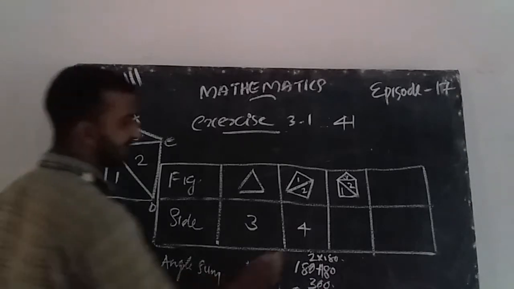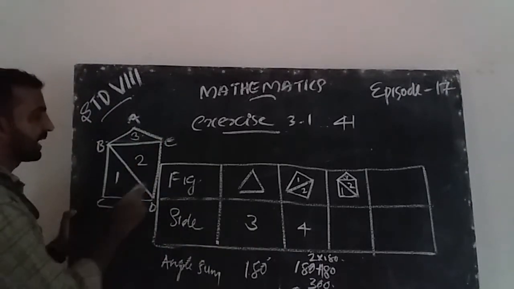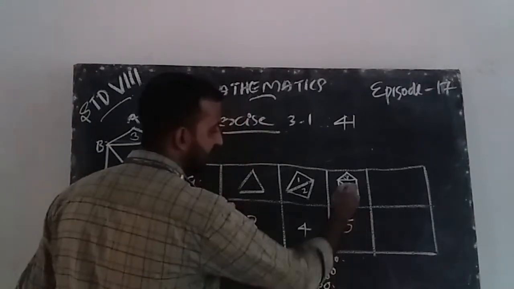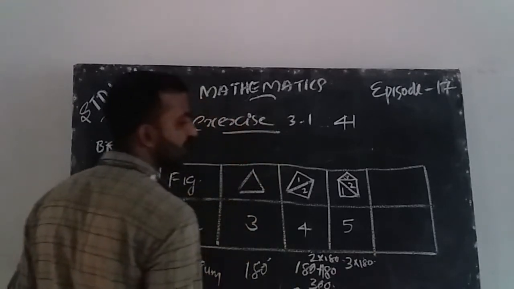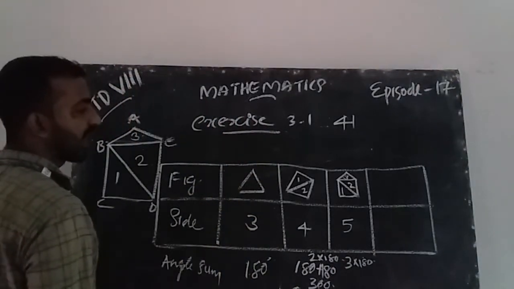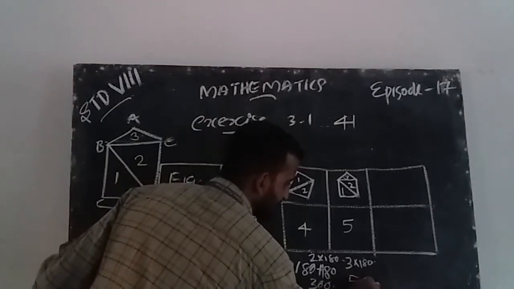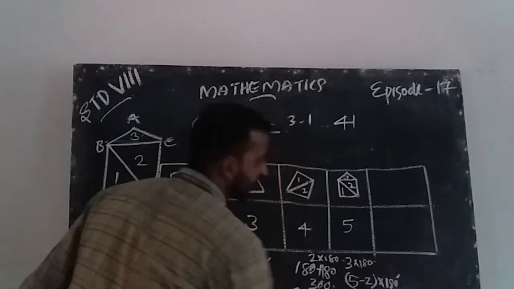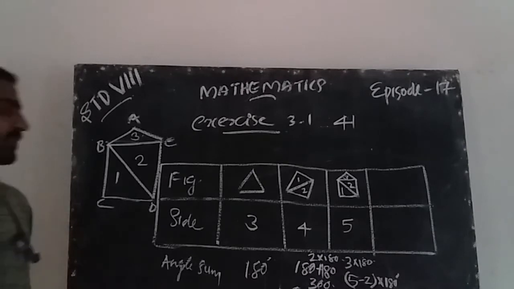Here how many sides? 1, 2, 3, 4, 5. That is, number of sides is 5. Here are 3 triangles, 3 into 180. What can we write? 5 minus 2 into 180 degree. Is it? Yes.